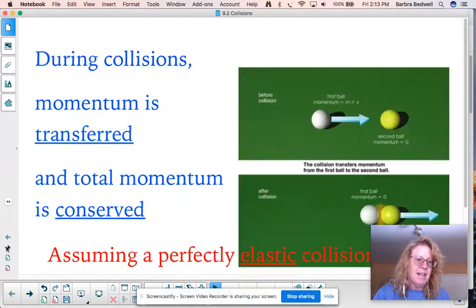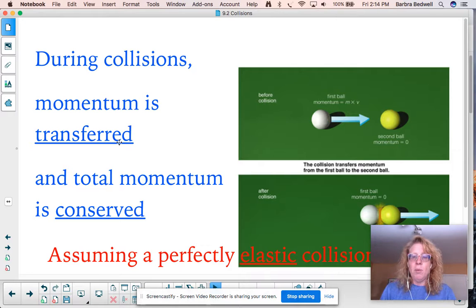So, with this one, a couple of key things to keep in mind. Number one, whenever two things come into contact with one another and motion changes, momentum is being transferred. There was an initial situation, there was the interaction itself, and then there's the after situation. And between those three things, we're looking at a transfer of momentum.